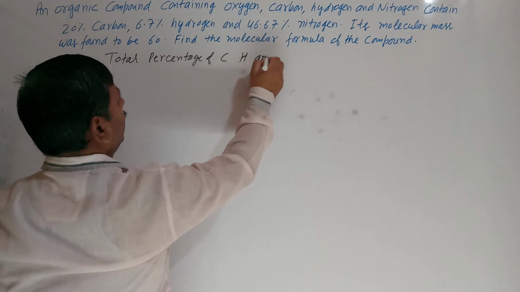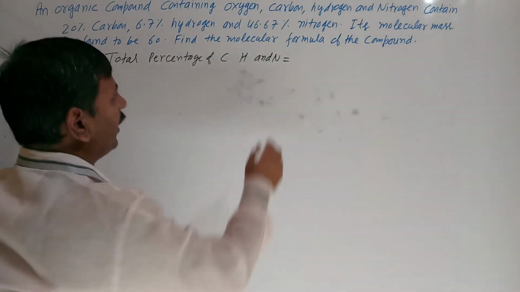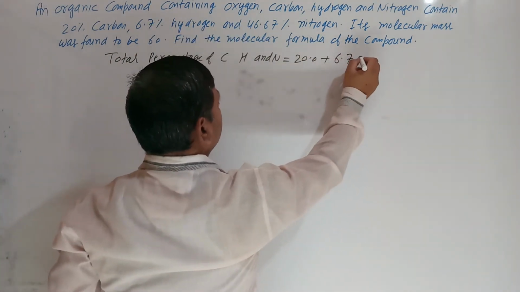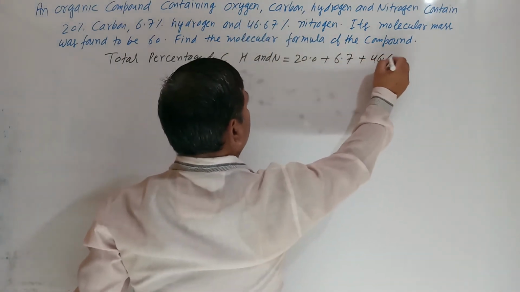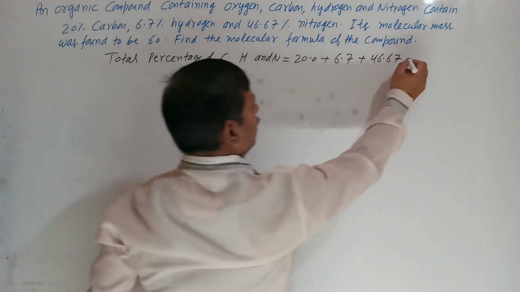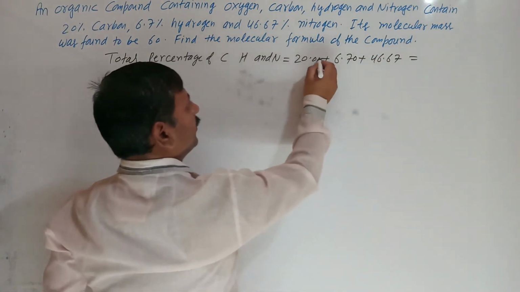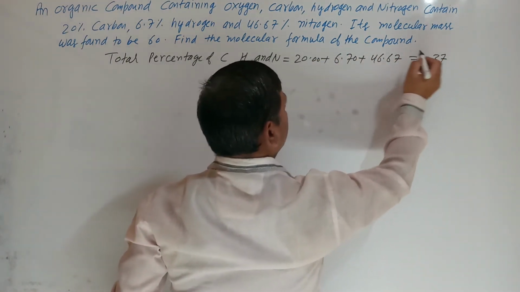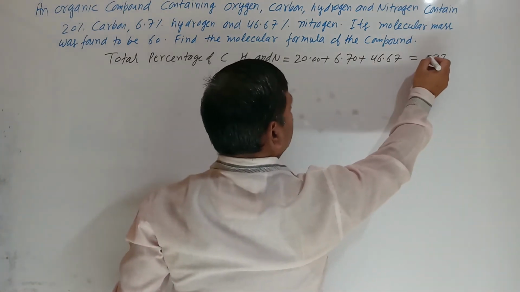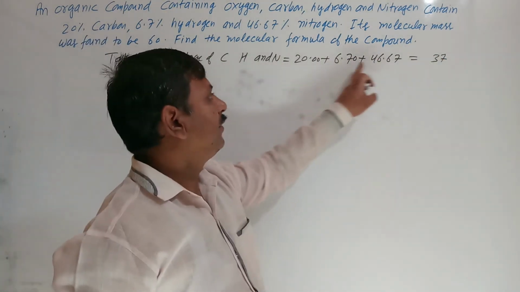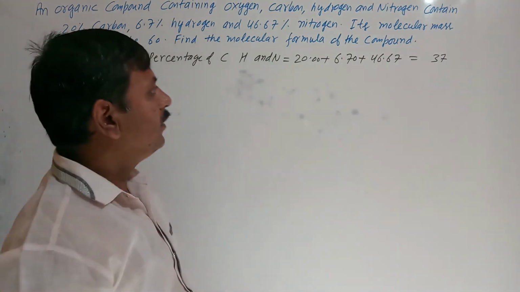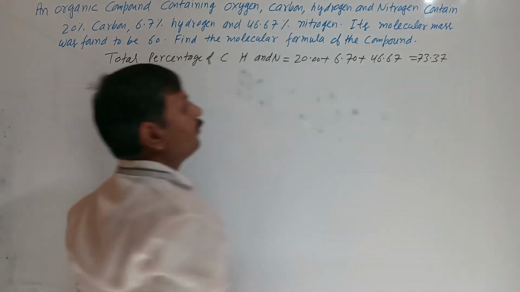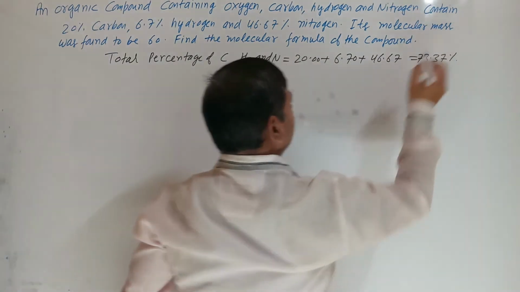Carbon they have given 20, hydrogen 6.7 and nitrogen 46.67. Add these. This comes to 73.37.